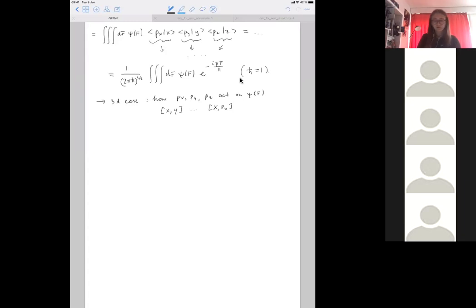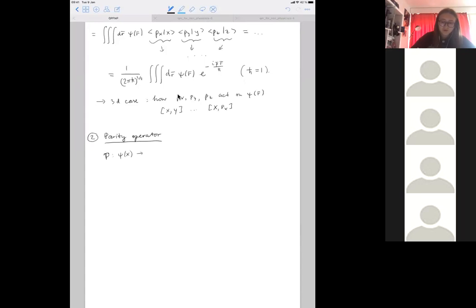Okay, so the second exercise is a bit more fun. It's about the parity operator. The parity operator is the following operator: it acts on a function psi of x in the following way.